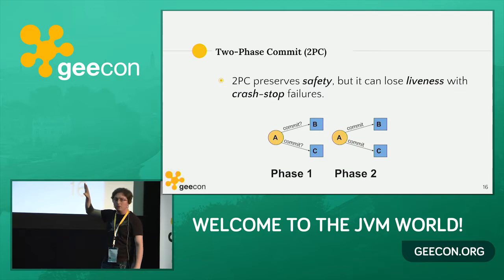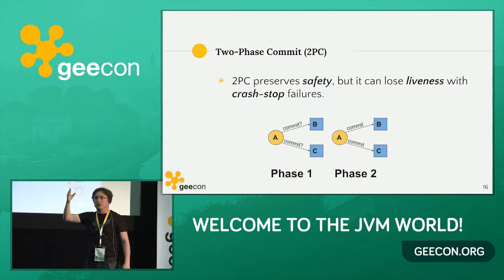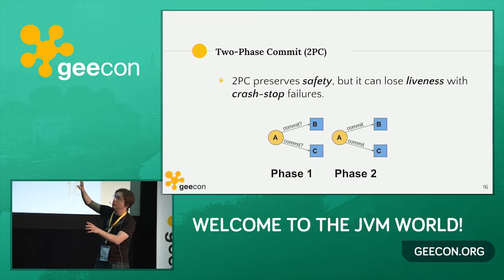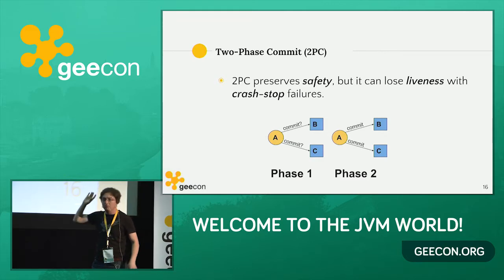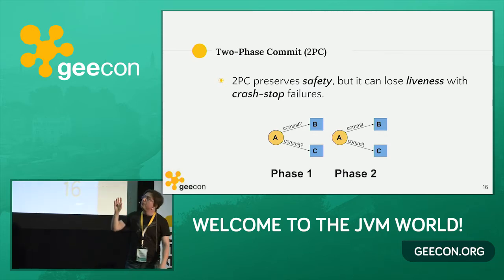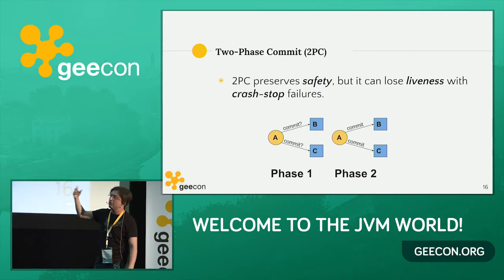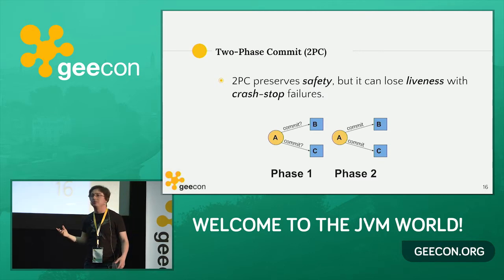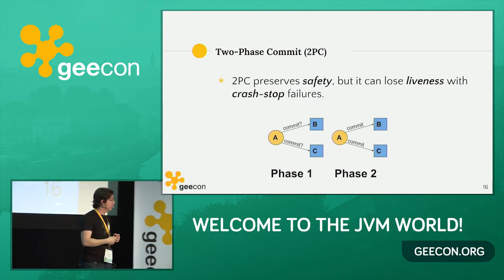So this is a very simple algorithm. It solves the problem and it satisfies the safety property. So it will never happen that some node will commit and some other node will roll back. But its liveness property is not that great. If the coordinator fails at some unfortunate moment in the system, this algorithm can block. So we call it a blocking algorithm.